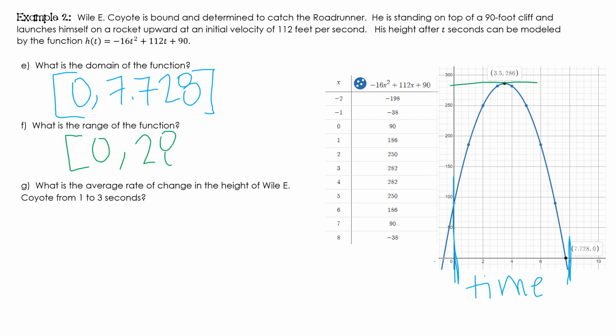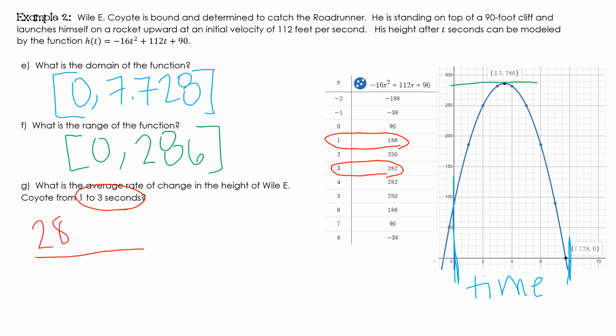What is the average rate of change from 1 to 3 seconds? So at 1 second, he was 186 feet in the air, and at 3 seconds, 282 feet in the air. So we would do y2 minus y1, so 282 minus 186, all divided by 3 minus 1.